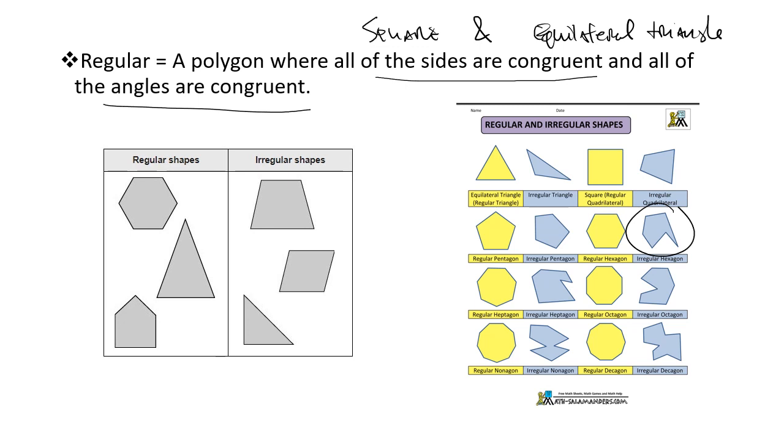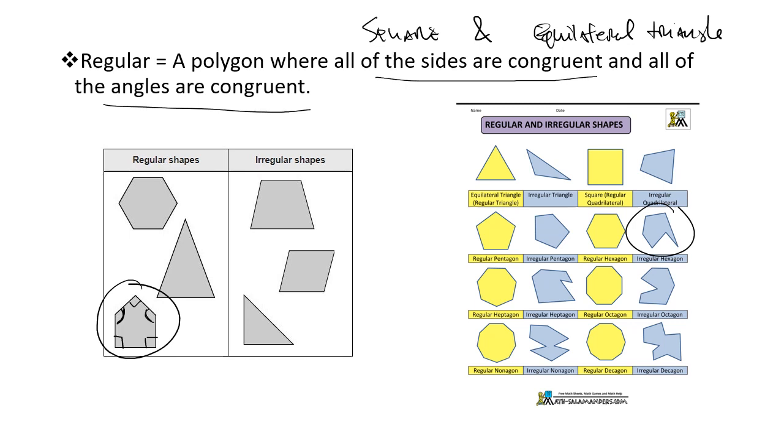Now, I included this because when I was looking for a graphic to use for the slide, I found this, and there's an error, because this is not a regular pentagon. I'm not sure who made this and why they put that there, but you can see clearly these two angles look like right angles, and this one might be a right angle, but this is clearly not a right angle, and neither is this.